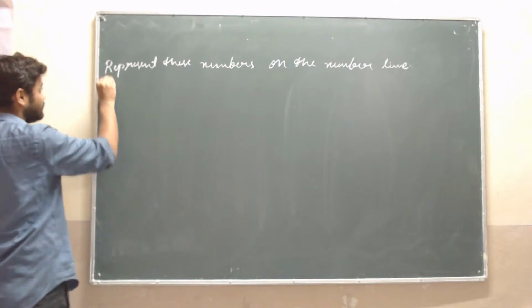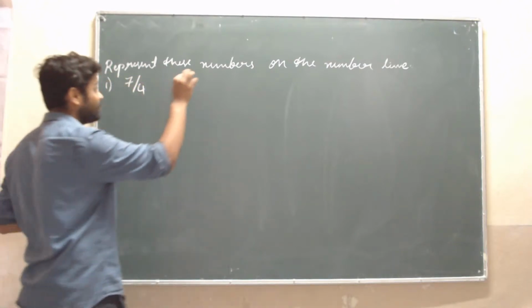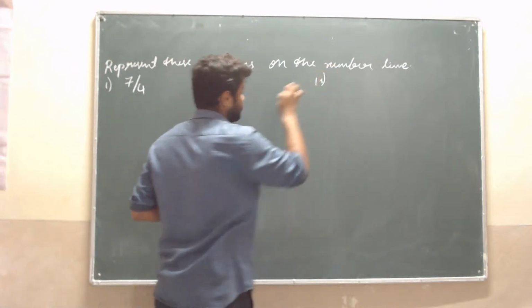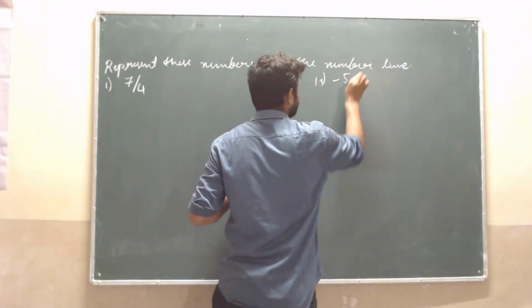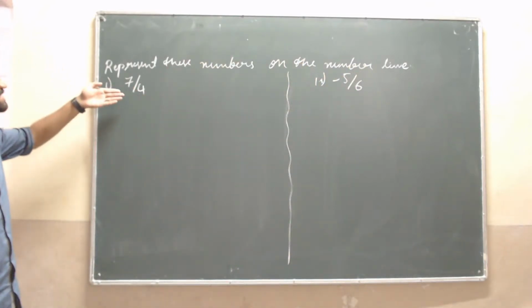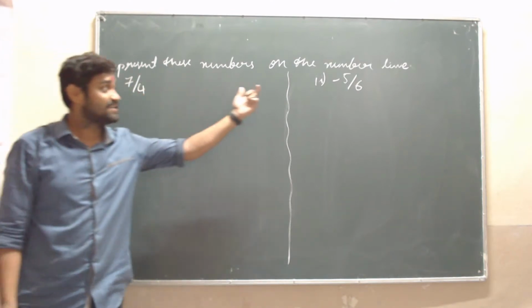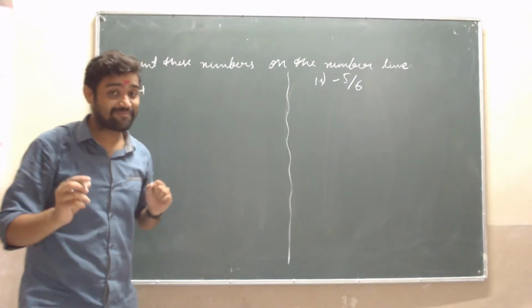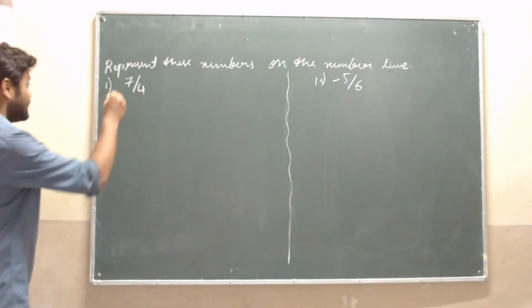First one we have 7/4, and second one we have -5/6. Okay, we have to represent these numbers, 7/4 and -5/6, on the number line. Okay, let's find it.